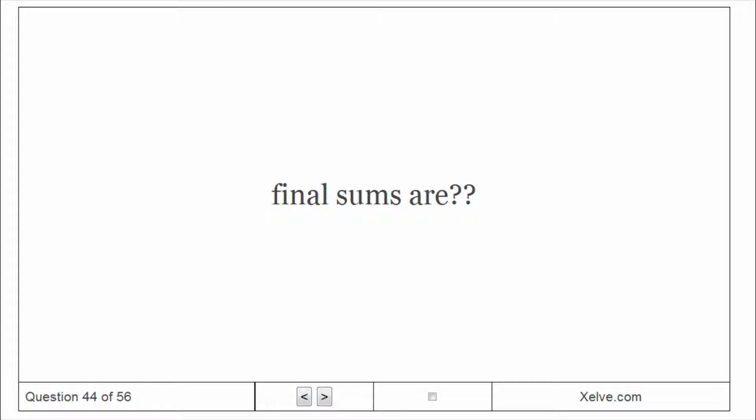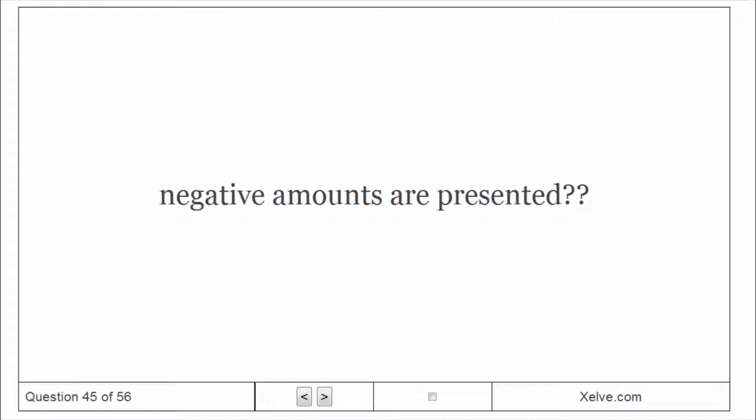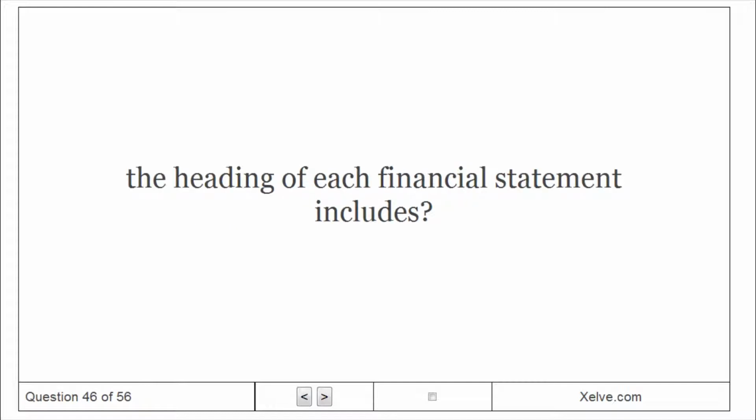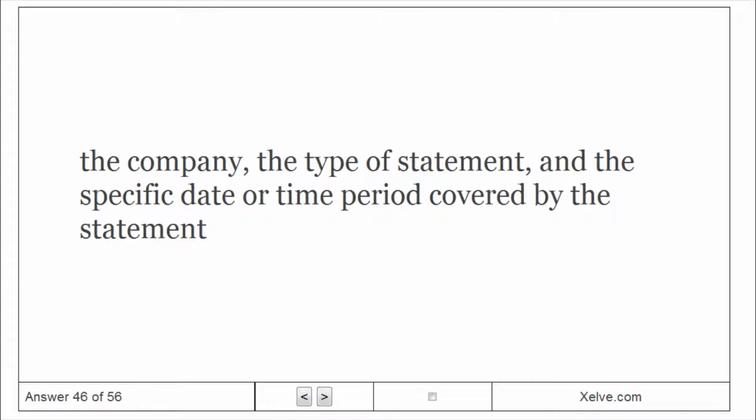Final sums are double underlined. Negative amounts are presented in parentheses. The heading of each financial statement includes the company, the type of statement, and the specific date or time period covered by the statement.